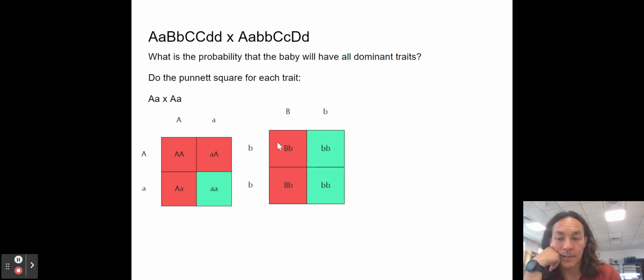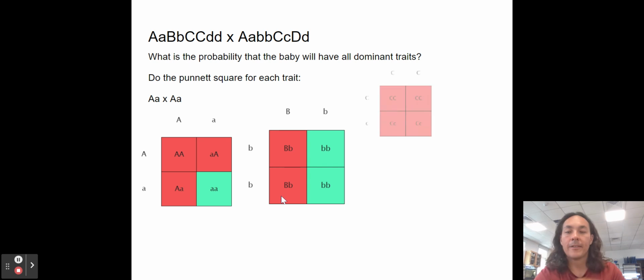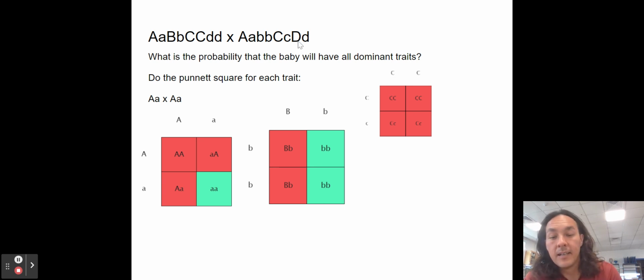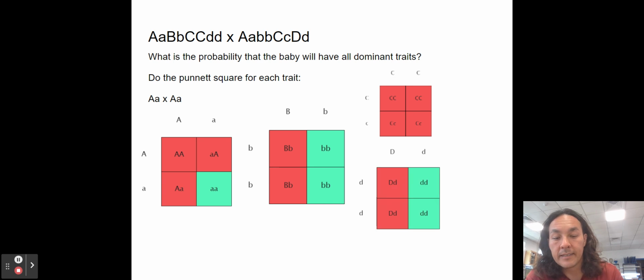Here's my B's. I'm crossing heterozygous B by homozygous recessive B. Here's my C's from up here, crossing big C, big C by big C, little c. So homozygous dominant by heterozygous. Woo, they all come out dominant. Then I'm going to cross my heterozygous D by homozygous recessive, and we're going to get this.